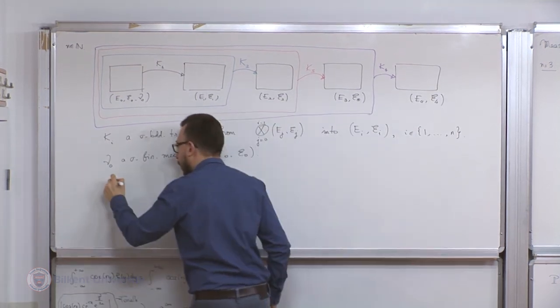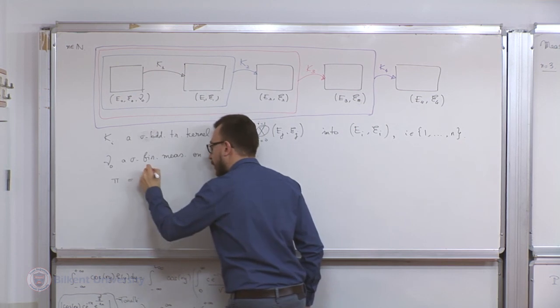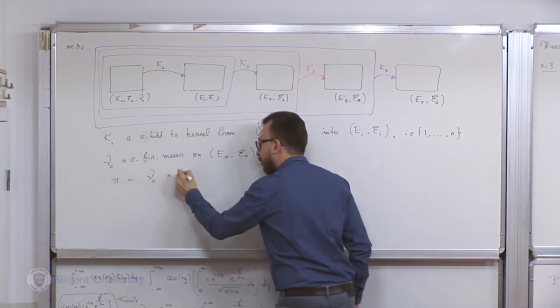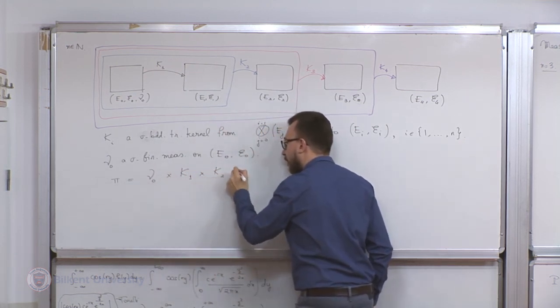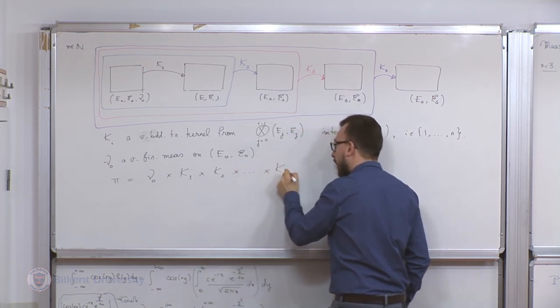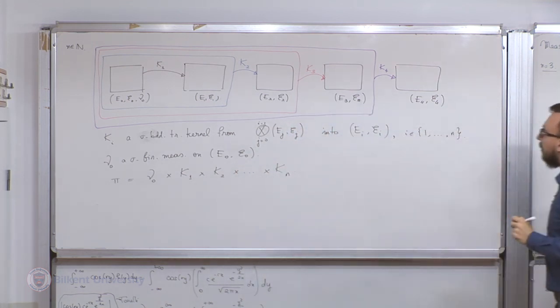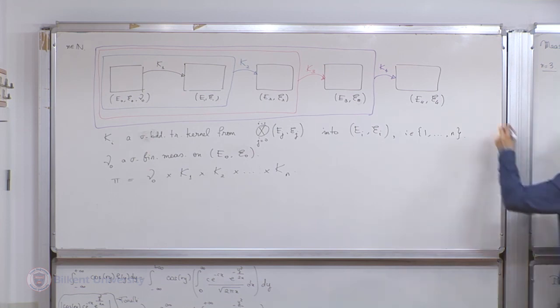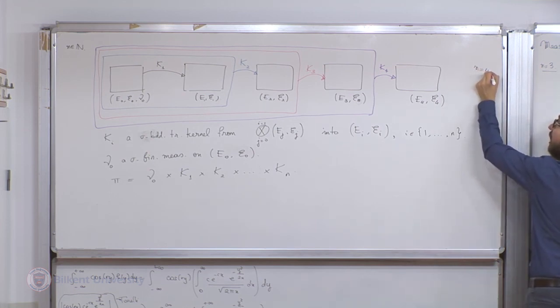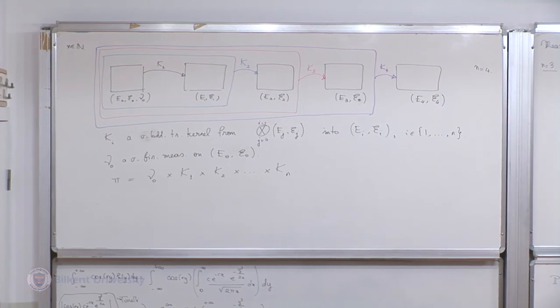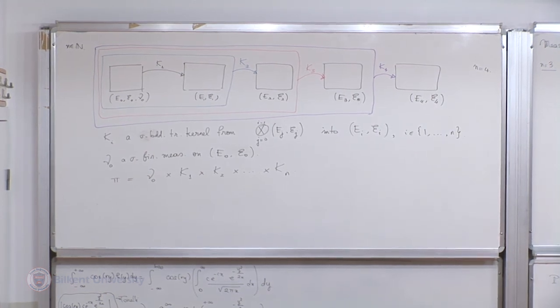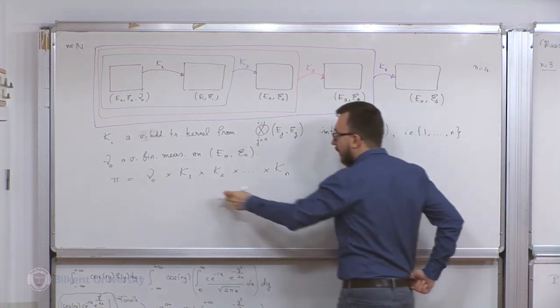So we're going to call pi the product of nu 0, K1, K2, up to Kn. In this picture, n is 4. There are 5 spaces, but since I started from 0, there are 4 plus 1 spaces. Okay? And you can define it iteratively, right?